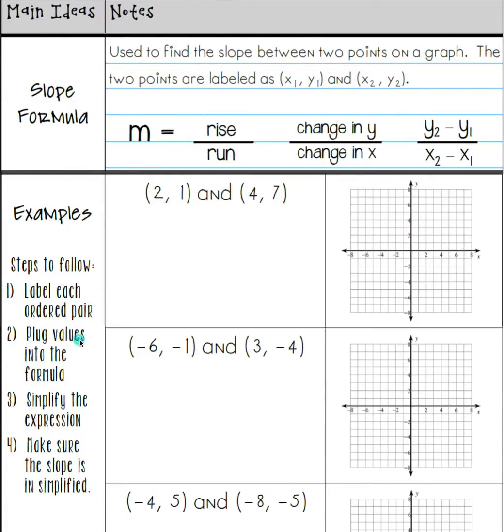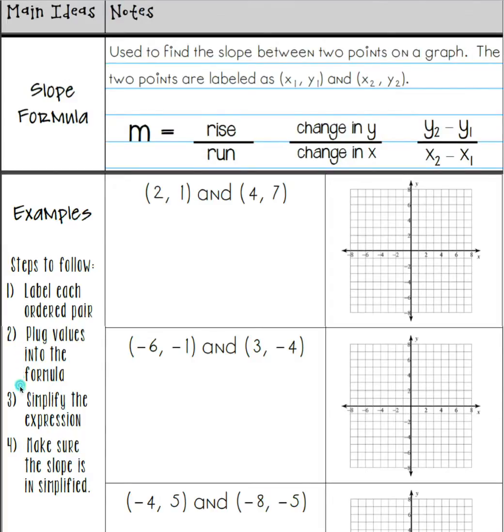Along the left-hand portion of your notes sheet, you will see that there are some steps to follow. As we're working through some examples today, we're going to follow these steps, and it will also be helpful on your assignments as well. The first step is to label each ordered pair, so that we make sure that we are plugging the right value into the right portion of the formula so that we can get the correct slope.